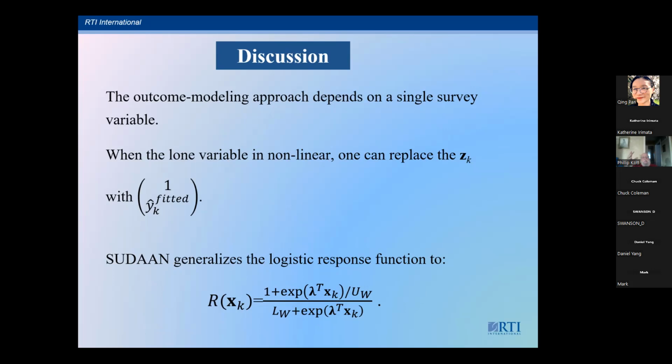Your weights can go between 1 and infinity, or they can be bounded: the upper bound of the weights at u, something less than infinity, and the lower bound at l, something greater than 1. Unfortunately, there's no way of telling what u and l should be. You've got to fit several things and decide which is best for your data. Generally, you try to make u as low as you can get away with and still have the calibration equation fit. That's generally what we do.